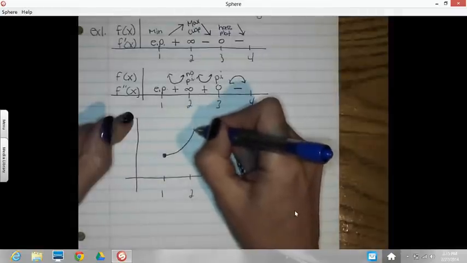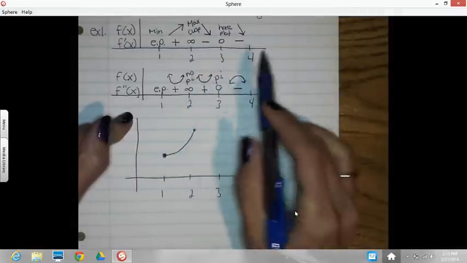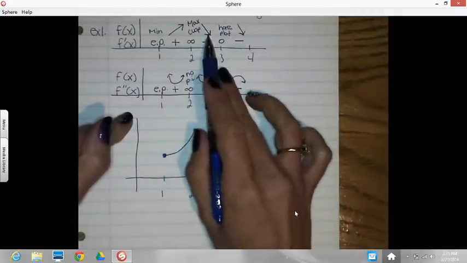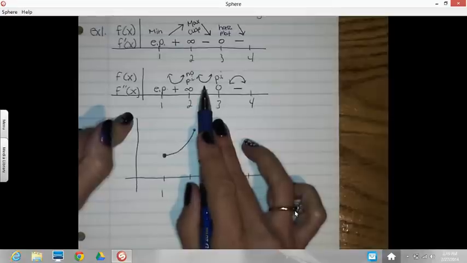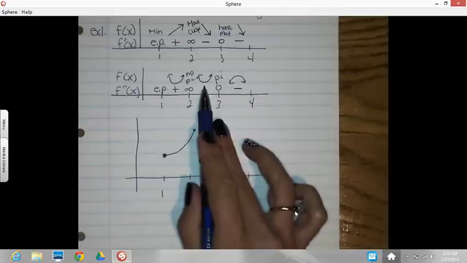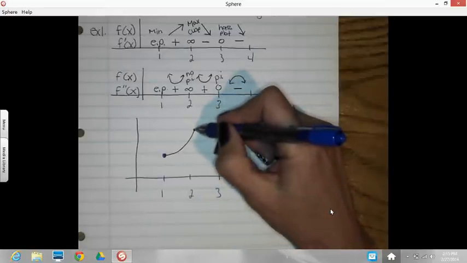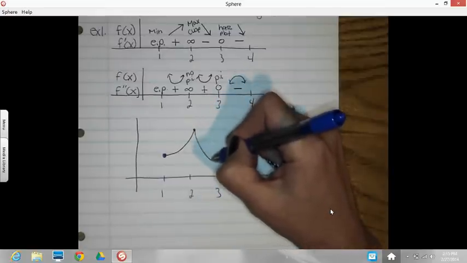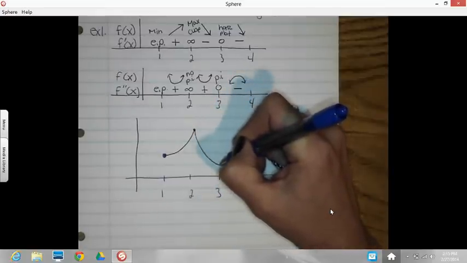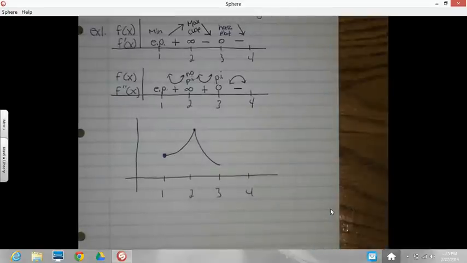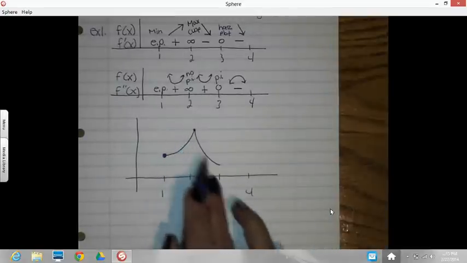So I'm going to have that sharp change in direction. So from 2 to 3, I'm decreasing, but still concave up. So decreasing, I got to come down, but have concave up. So down, concave up. So that has that concave up, and it's decreasing.